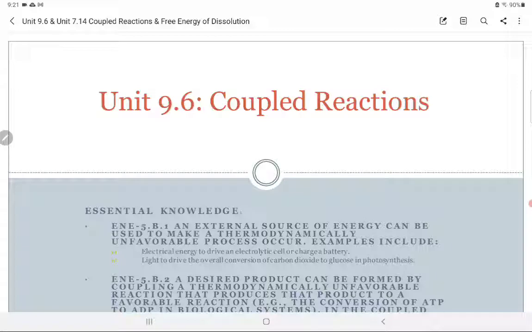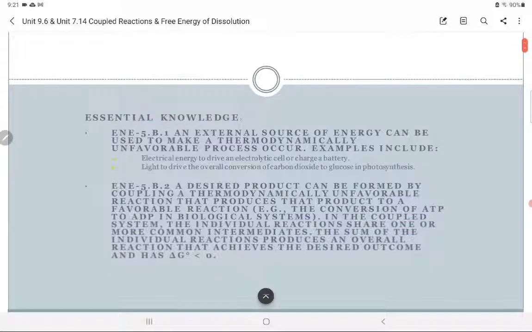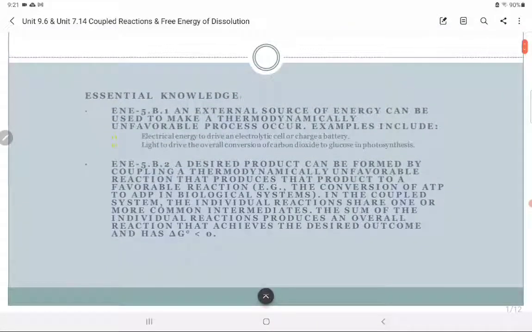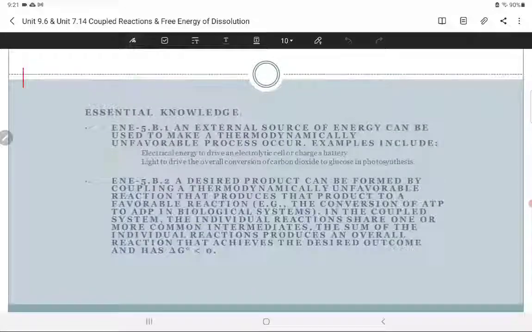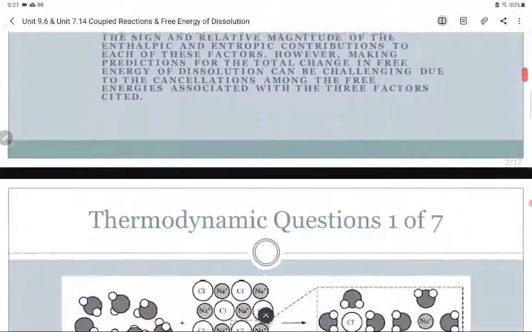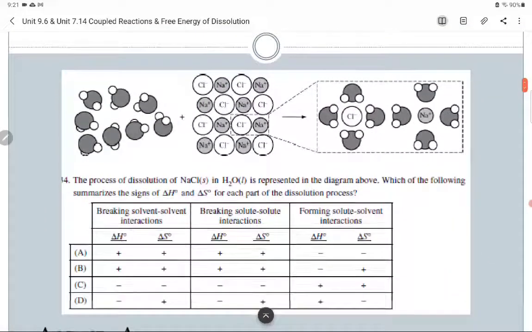These deal with delta G, delta S, and delta G equals delta H minus T delta S. Any of those ideas, we can attach to many of these questions. Okay, so let's get started.